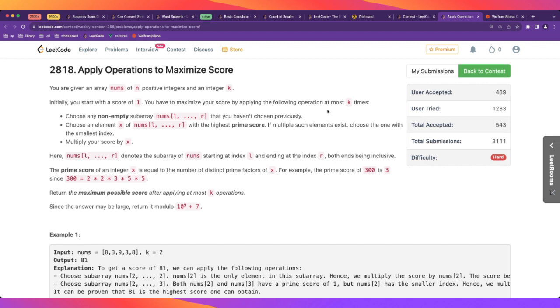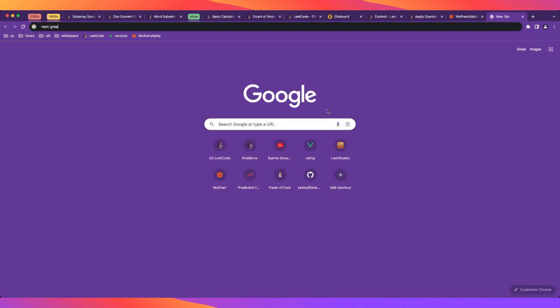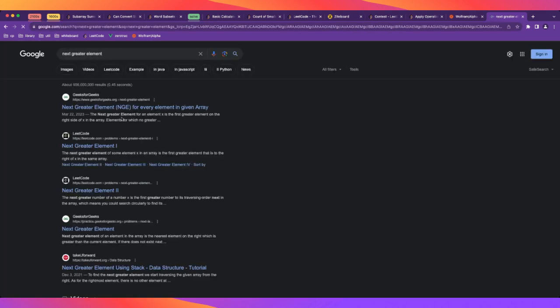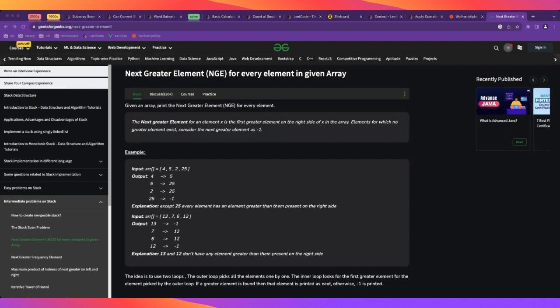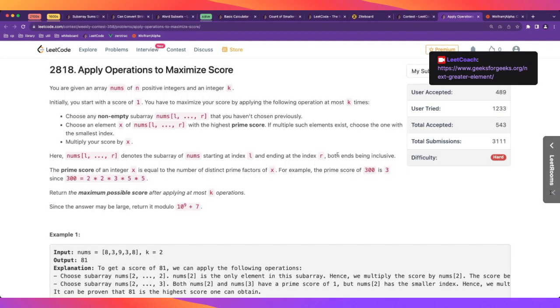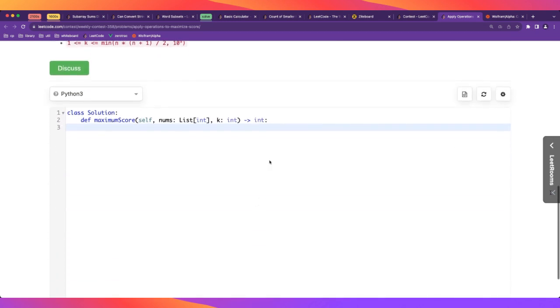You'll find a lot of material. I'm gonna explain it a little bit, but you can always look it up and study the solution. And it uses a concept that is useful for other problems as well, which is a monotonic stack. But anyways, let's start coding.